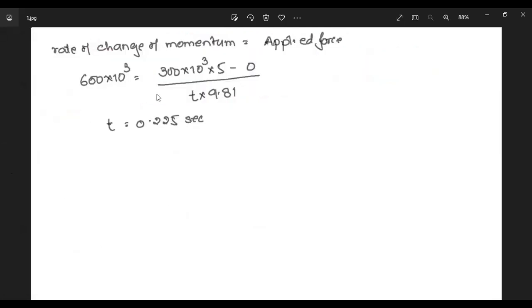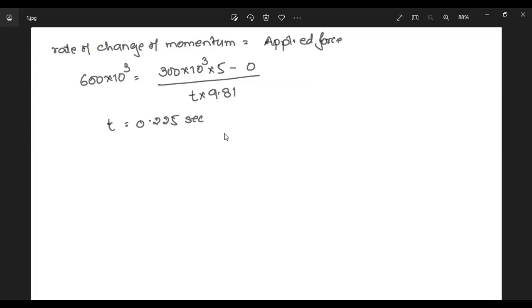Now, rate of change of momentum is equal to applied force. Why? If you take m common, we get v minus u by t, and v minus u by t is acceleration. So mass into acceleration is the applied force. So 600 into 10 to the power 3 is equal to 300 into final minus initial, which is 0, over t into 9.81.